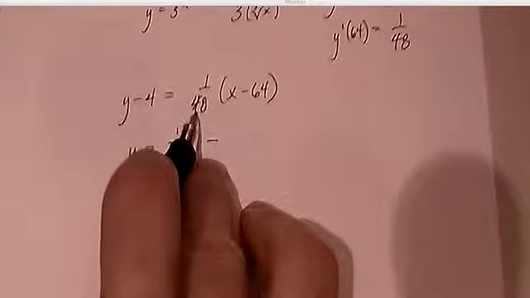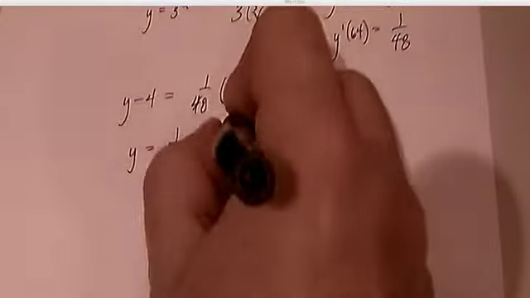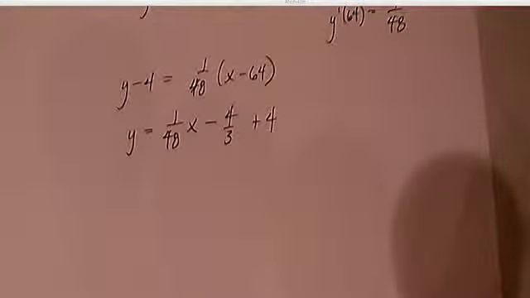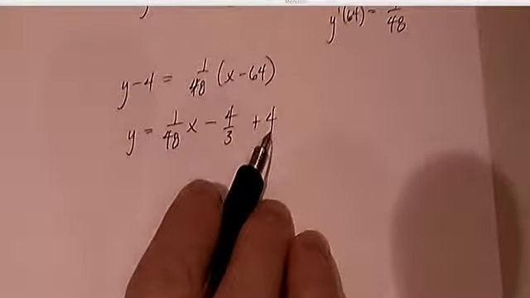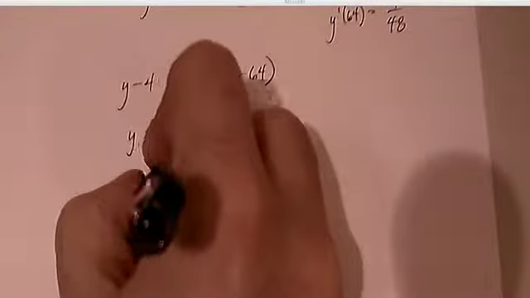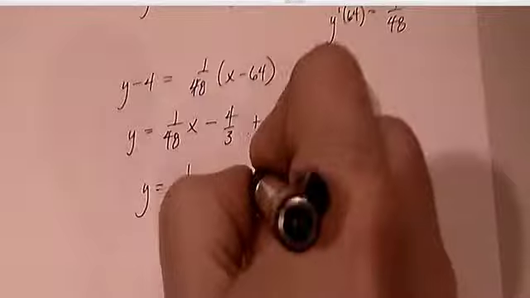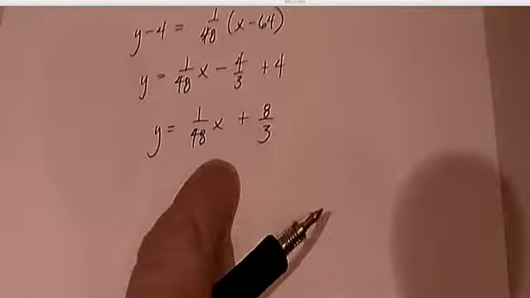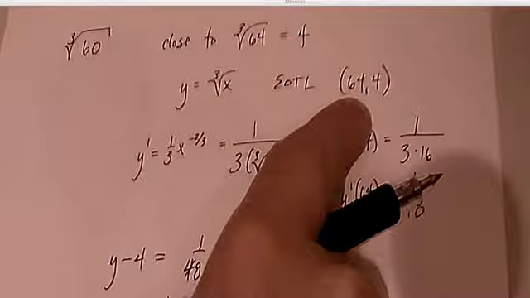That is going to be 3 times 16, so that winds up being 4/3 minus 4/3, but then I'm going to add 4 to both sides, so that's 4/3, that's 12/3, so I'm going to wind up with 8/3, so y is equal to 1 over 48x plus 8/3. That is the tangent line to this function at this point.